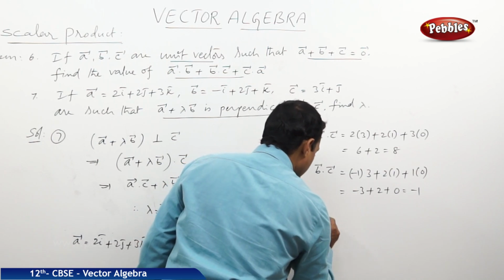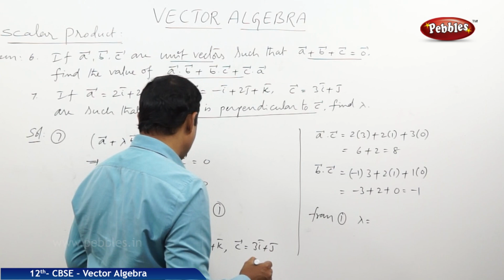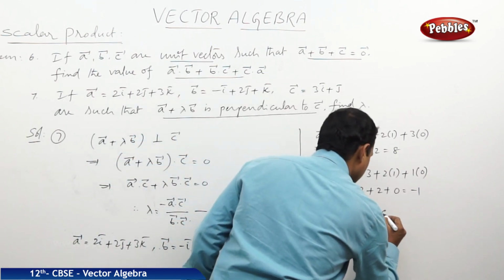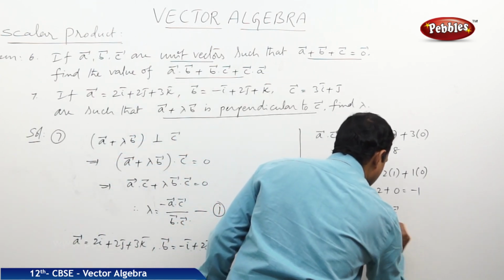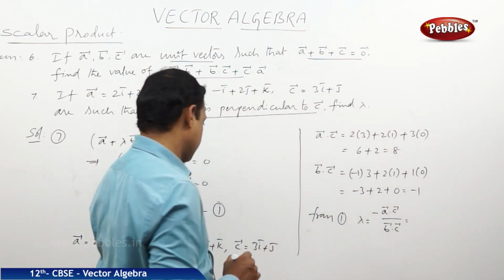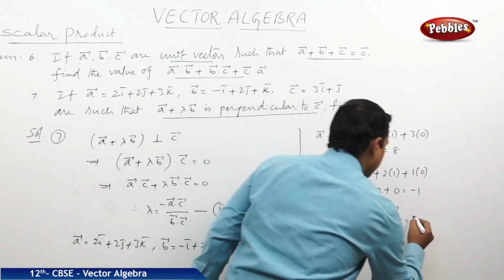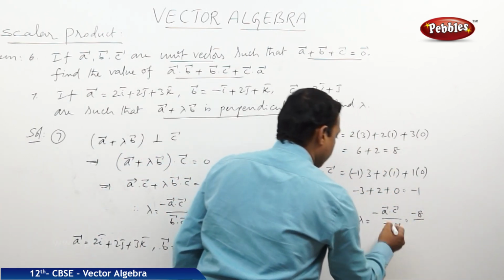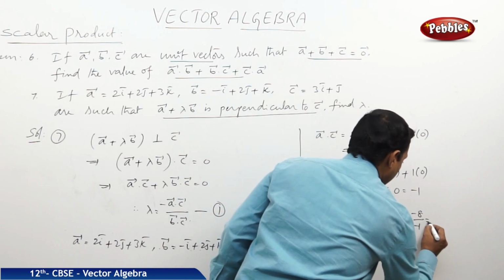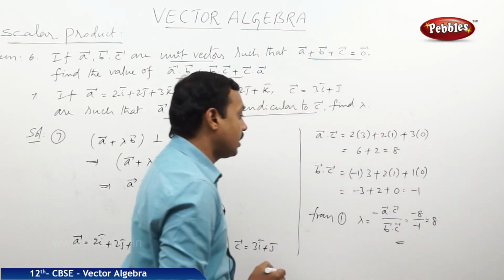So finally, from equation 1, lambda is equal to minus of A bar dot C bar by B dot C. A dot C is equal to 8, B dot C is equal to minus 1. Minus 8 by minus 1 is equal to 8. Hence, lambda is 8.